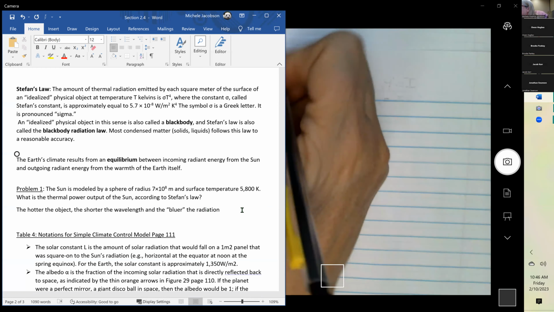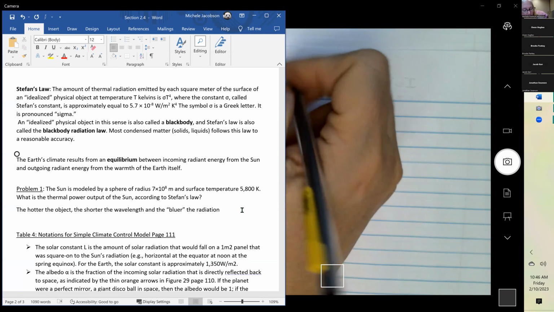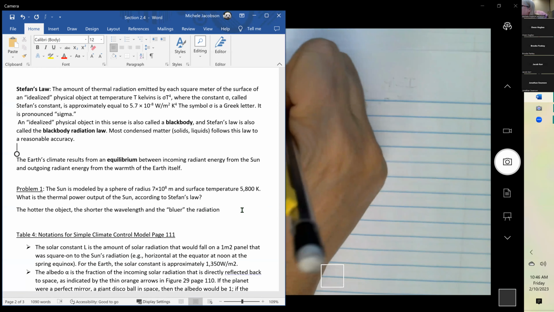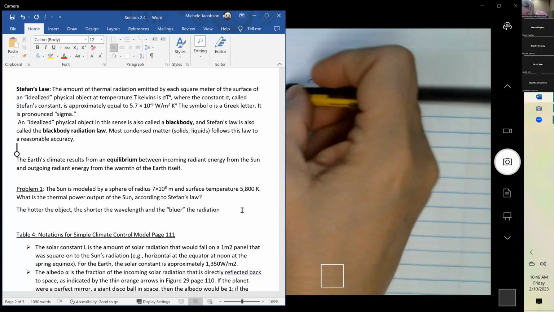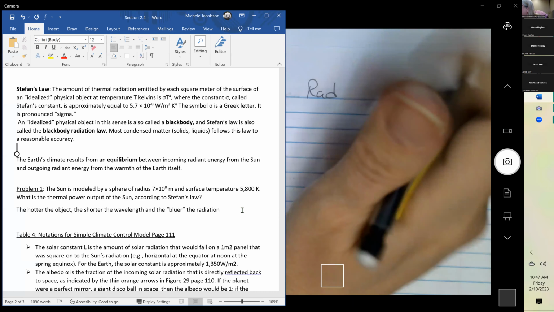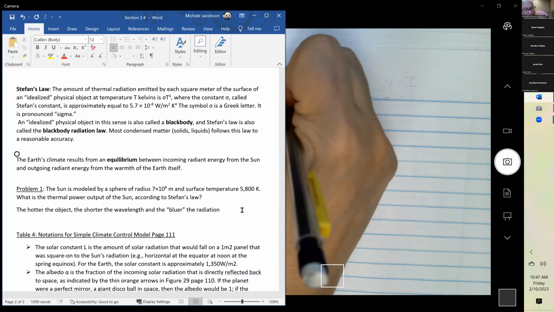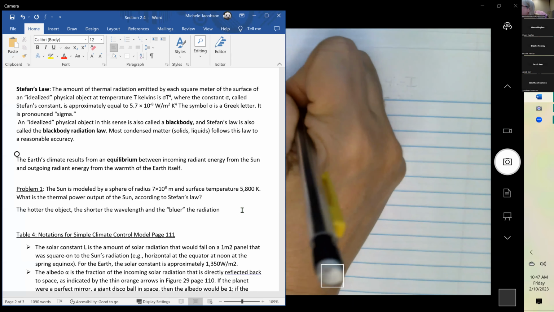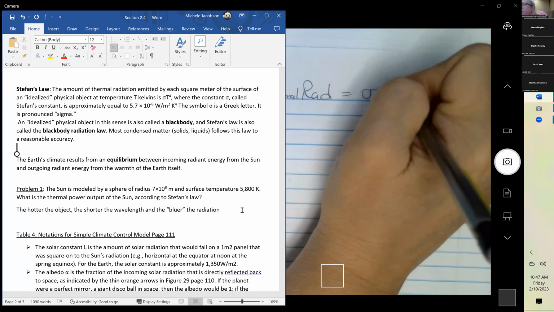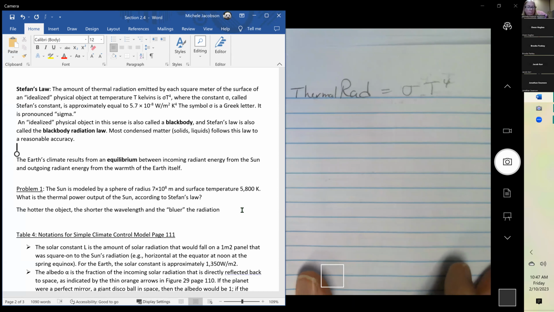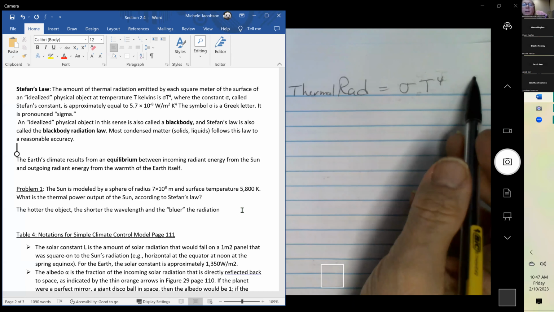So remember, our thermal radiation is sigma T to the fourth.